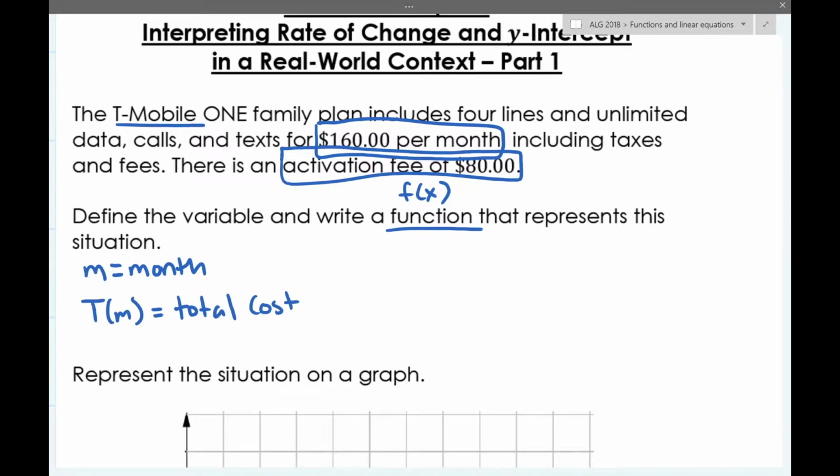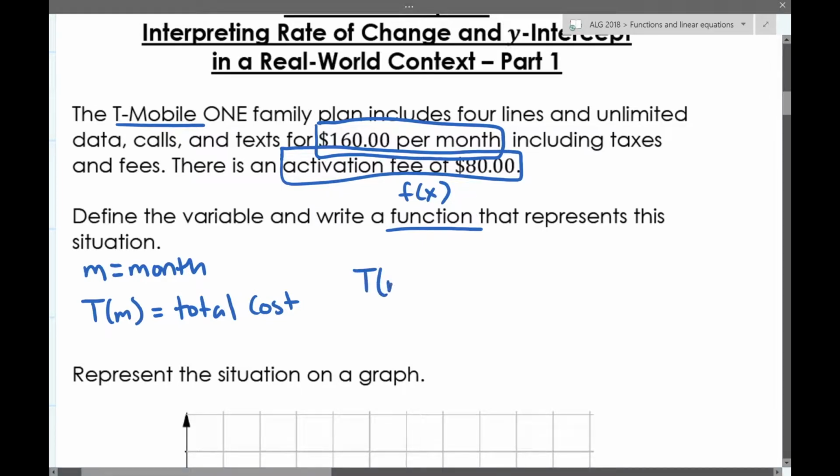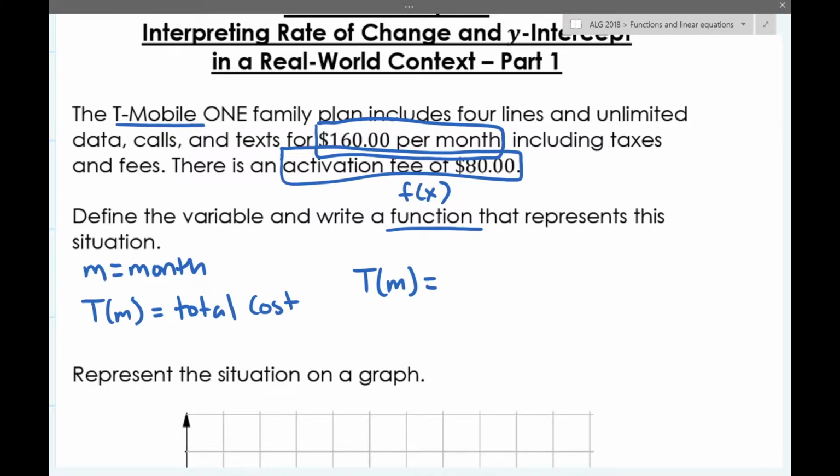Now I need to write a function. Okay? So the function, we're going to start with T of M because that's our answer. Now our problem is going to have the two things that I boxed. So the first thing I boxed was $160 per month, and then the second thing was an activation fee of $80. So let's go ahead with that first box and 160 per month. Do I know how many months?